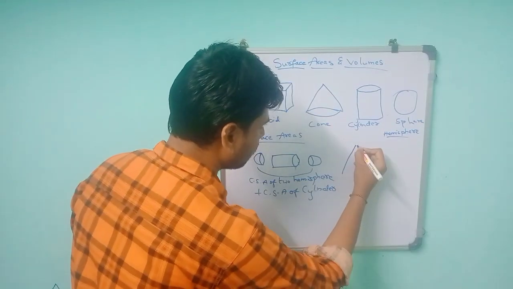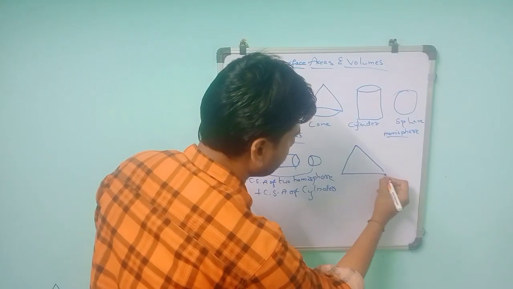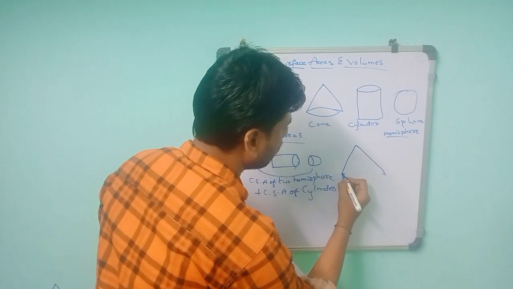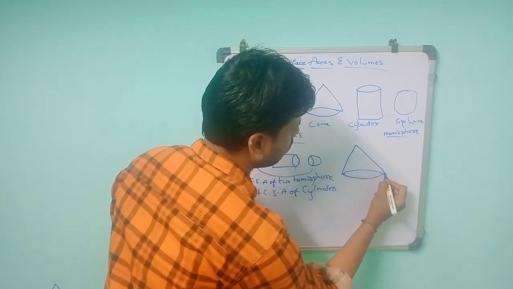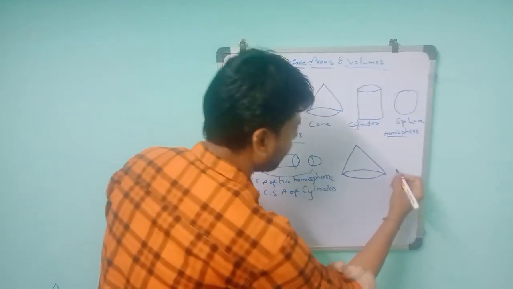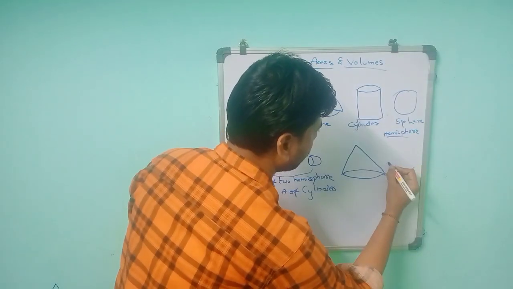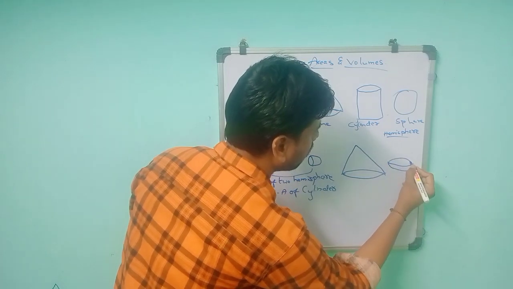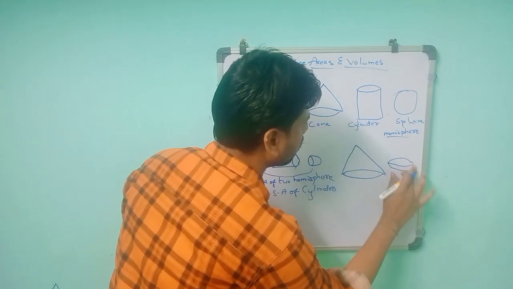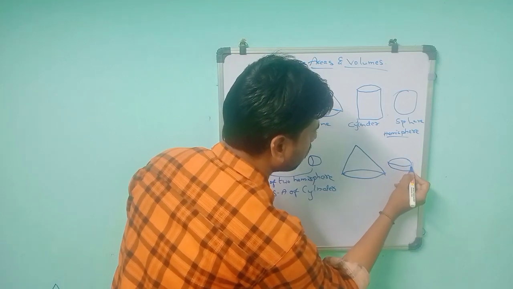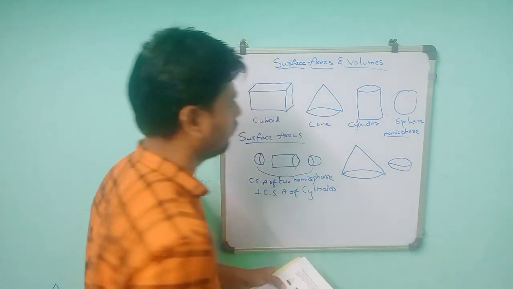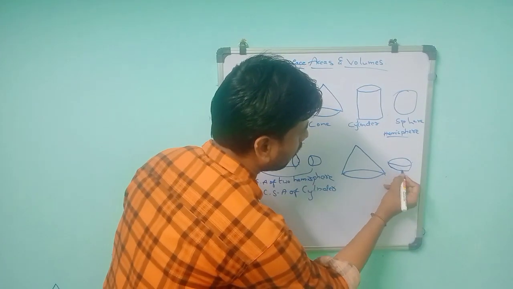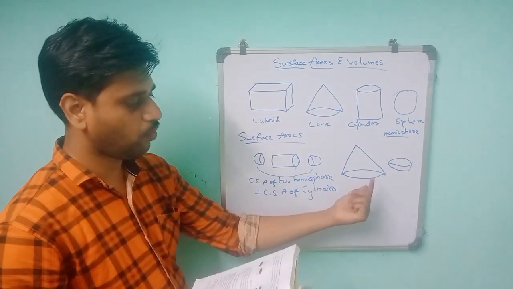It is in the form of a cone and a hemisphere. If you split it, the first one is a cone and the second one is a hemisphere.